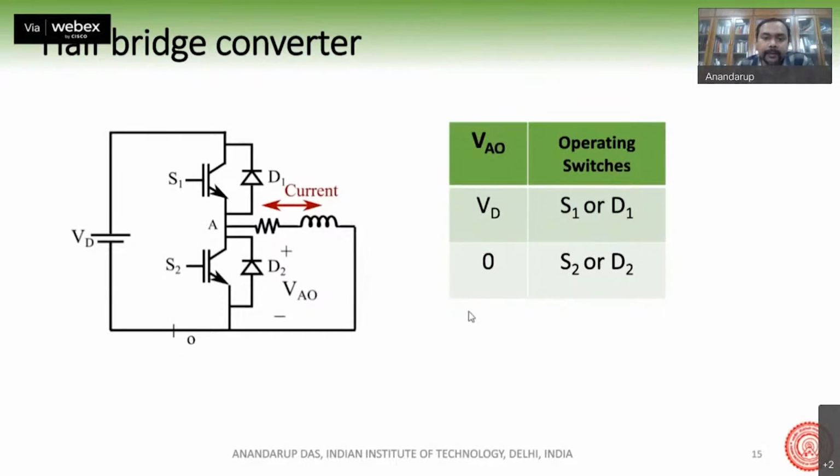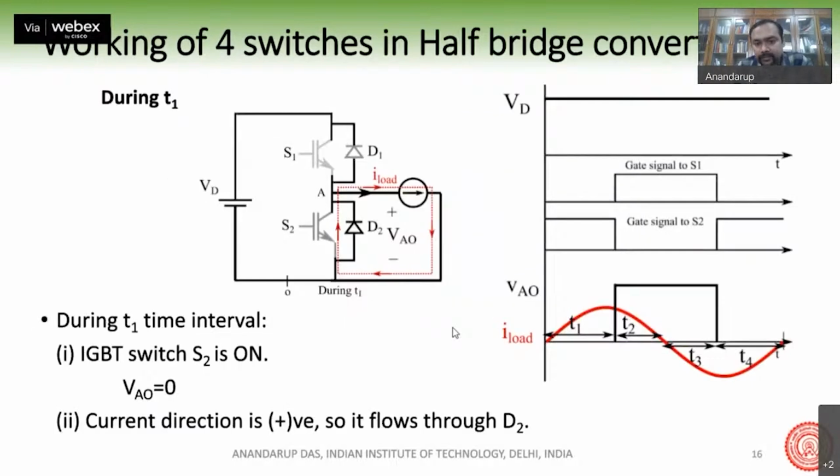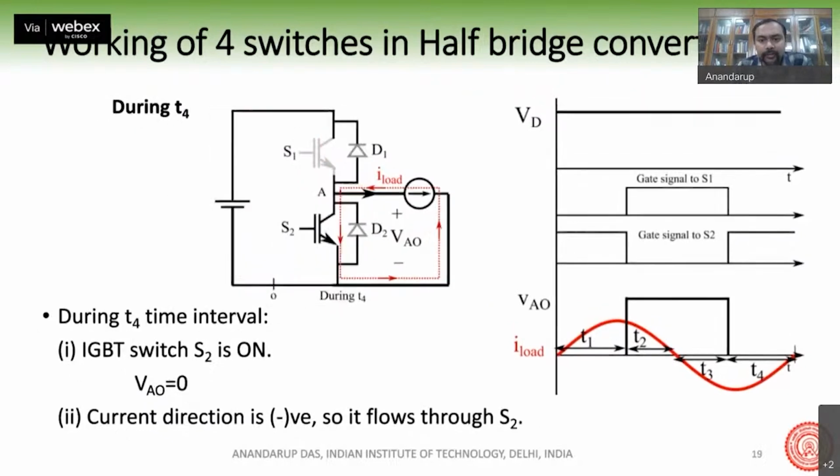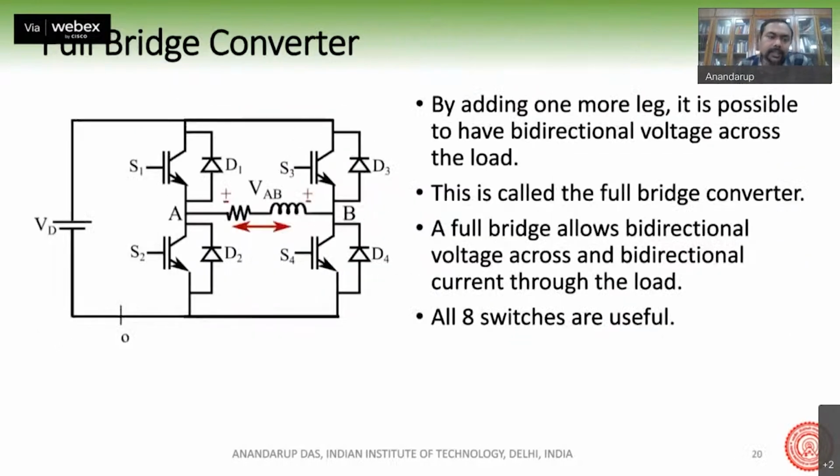Which device will conduct under what circumstance? These things can be understood from the circuit diagram: positive voltage, negative current, negative voltage, positive current, and all those divisions. So this was the basic understanding of the half bridge converter.